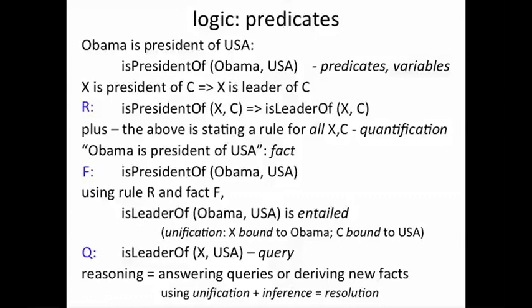But notice that the process of reasoning in predicate logic is fairly similar to that if you just had propositions, with the additional complication that we have variables which need to be bound to different values, and if you have lots of facts and lots of rules, you have lots of different choices for how we bind different variables to different specific values, and that leads to a degree of complexity which makes predicate logic resolution much more difficult than simple logical inference using a bunch of propositions.